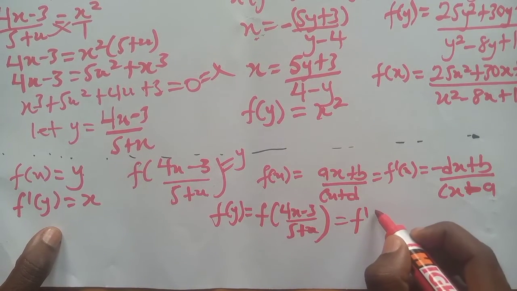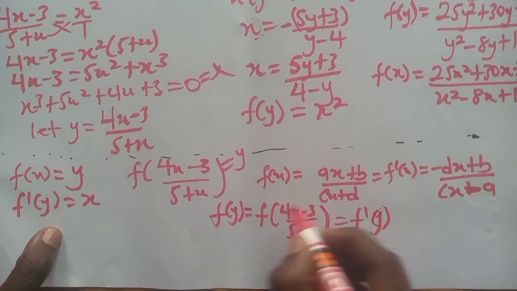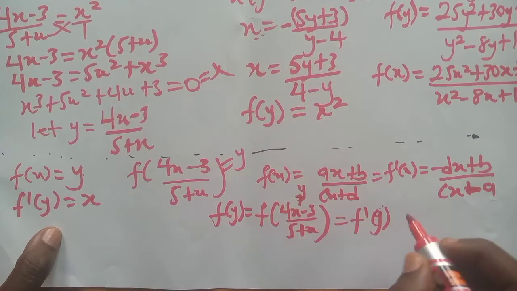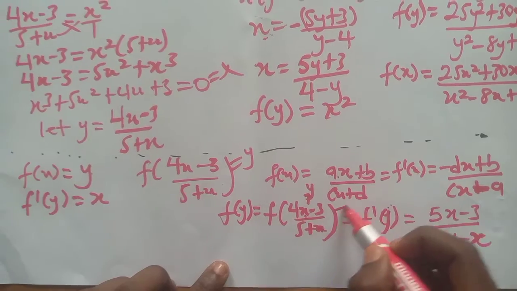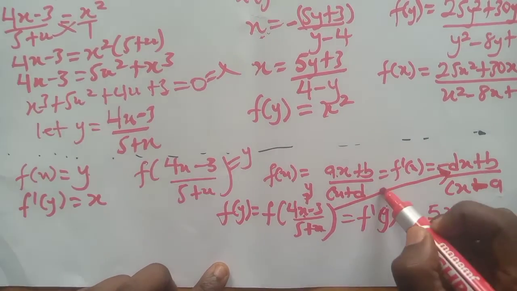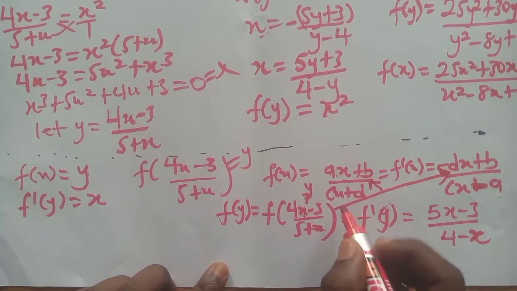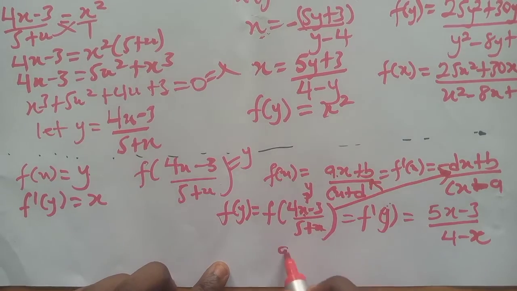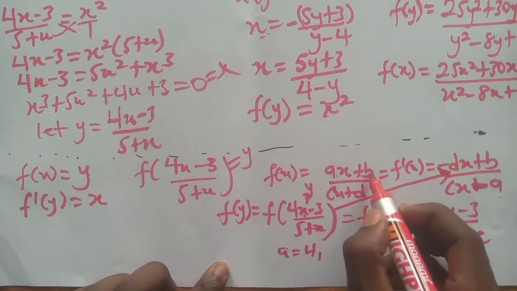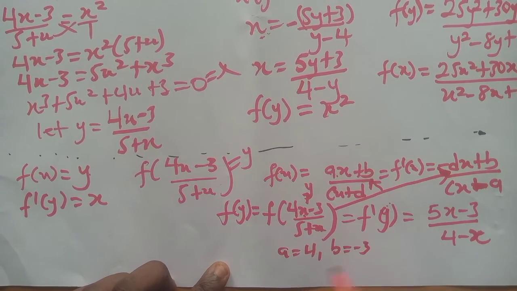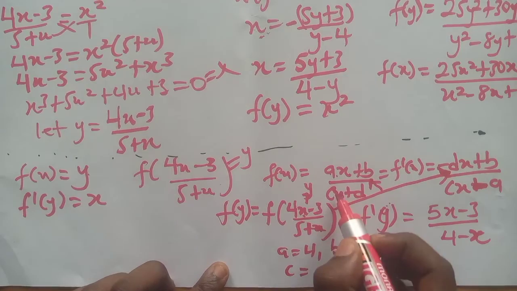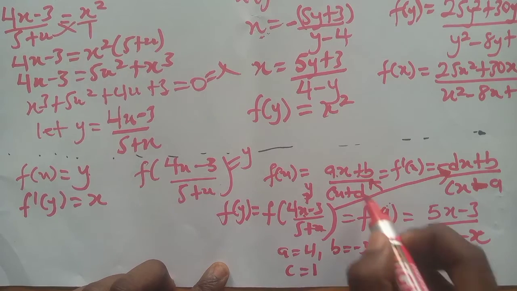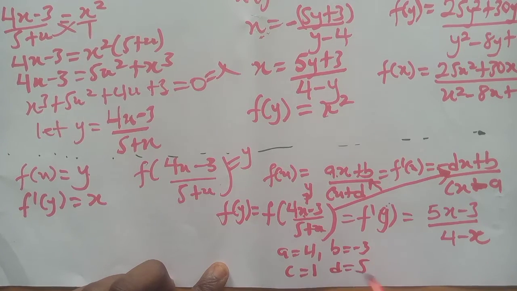The inverse of y here, because this is basically equal to y, comparing this to this identity, you realize that we have a to be 4, b to be minus 3, c to be 1 x, and d to be 5 in this case.